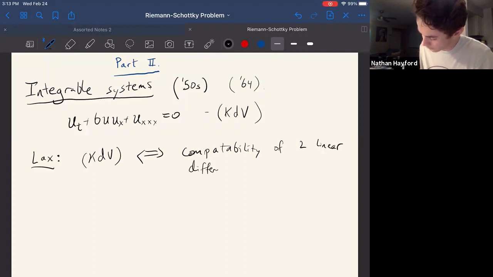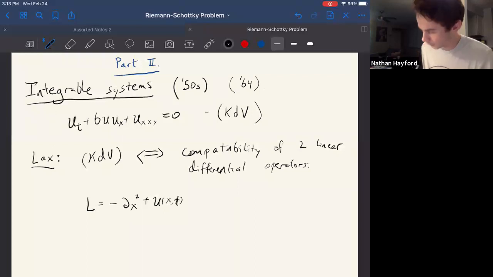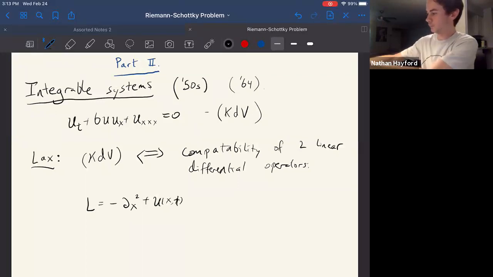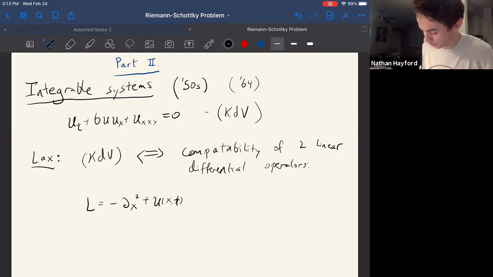Those operators are respectively L, which is minus dx squared plus u of x and t. So it's like a Sturm-Liouville type operator, where the potential is actually the function that's appearing in KdV.